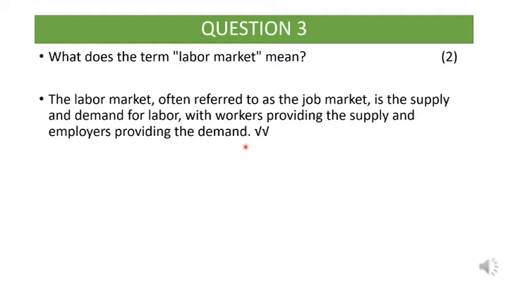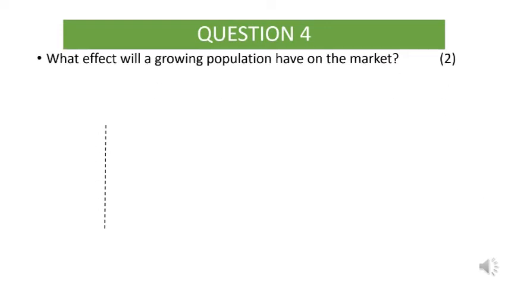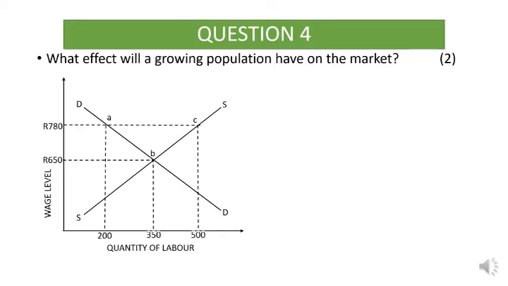You get your 2 marks for defining labor market. When they say what does the term labor market mean, it's just as good as saying define the term labor market.